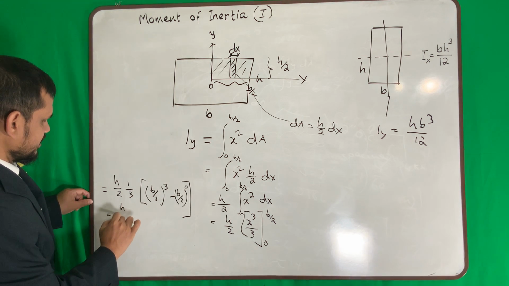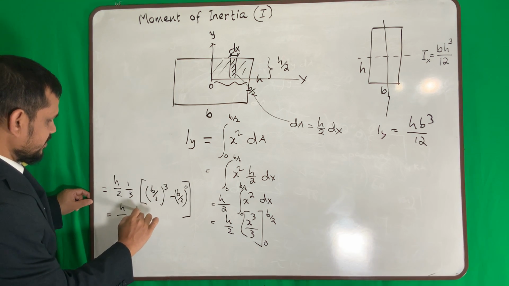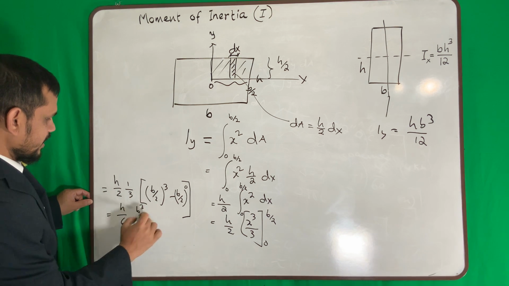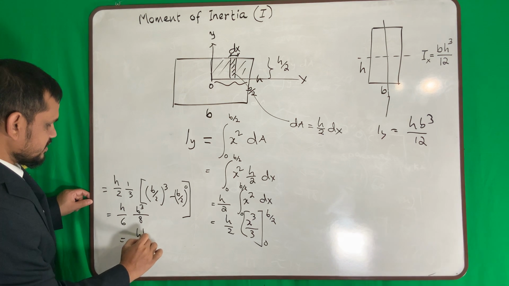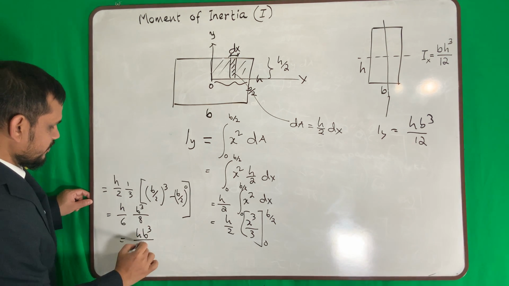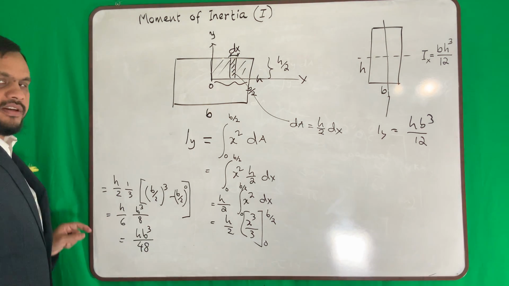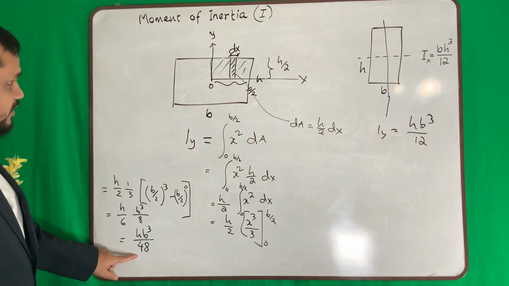If I do that, this will be 6, this will be b cube, and this will be 8. So a quarter is h b cube over 48.